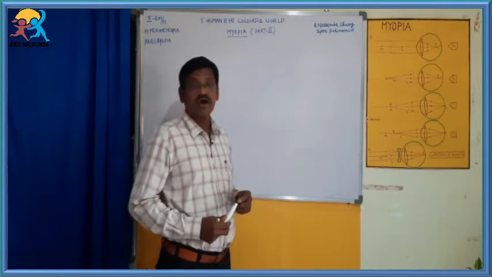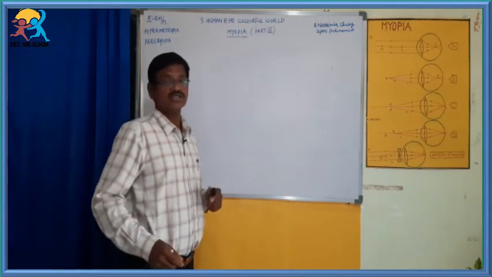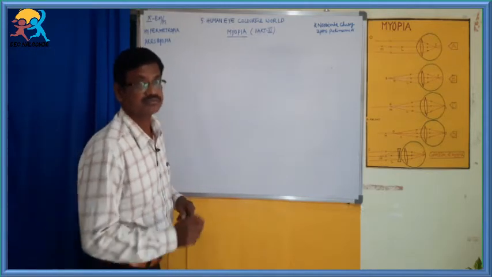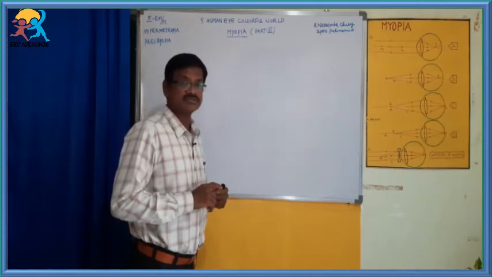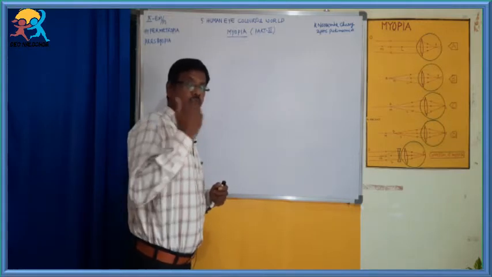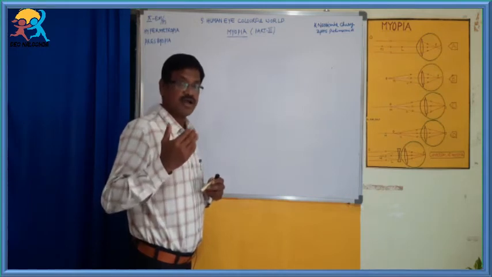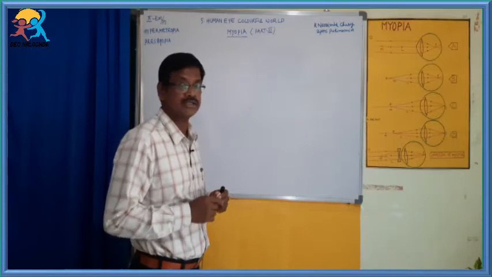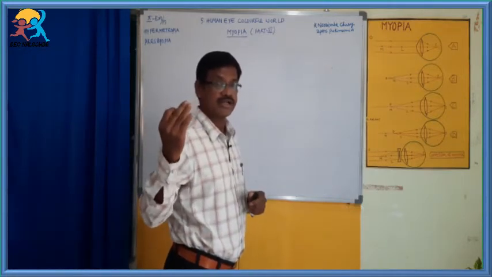Now, how do we find the focal length of the lens we use in correcting myopia? For this purpose, we select a biconcave lens to form an image of an object kept at long distance, at the far point. We first find the image of the object at long distance at the far point, and then we have an image on the retina.